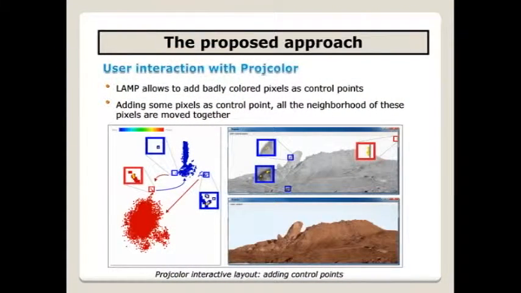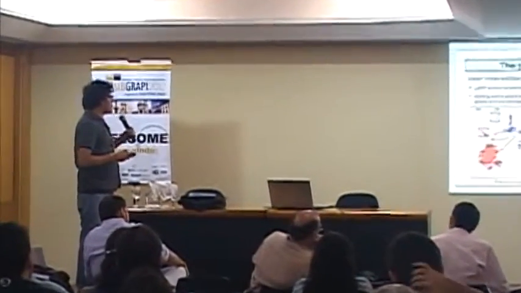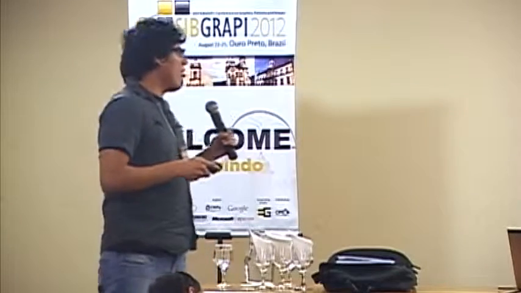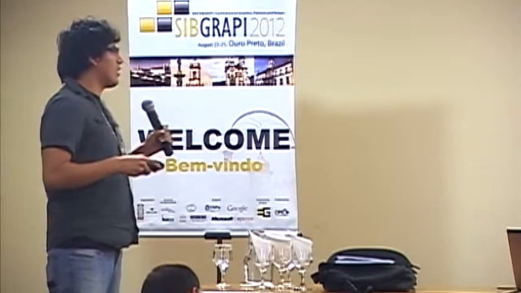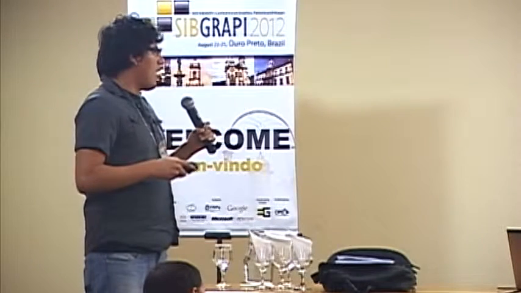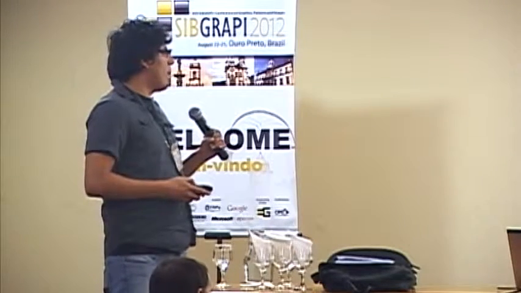In our technique, it is possible to add badly colored pixels as control points. We add some pixels as control points and generate the multidimensional projection again to get a better clustered map. The result is a better image, a better colored image.